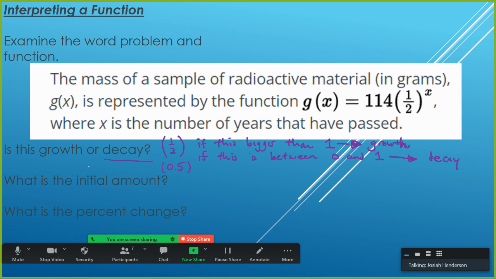What is the initial amount? Can anyone tell me what the initial amount is based on the formula that they gave us above? There's a number that's in that spot for the capital A. That's our initial amount. Can anyone tell me what that is?